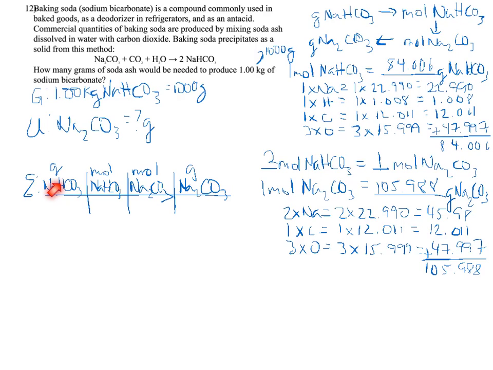So if we have grams of sodium bicarbonate on top, we need the same thing on bottom, grams of NaHCO3. And here we have moles of sodium bicarbonate, which means we need moles of sodium bicarbonate on bottom, moles of NaHCO3.